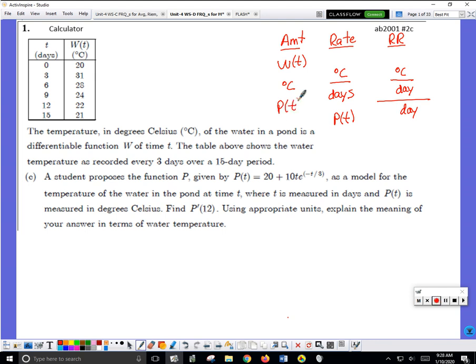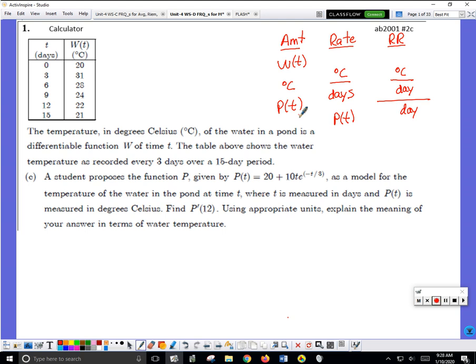Because it specifically says a student proposes that the function P, given by this formula, be a model for the temperature of the water. So P and W are not exactly the same, but they are extremely related. W represents the idea, this happens all the time on the AP test. This paper is the appropriate color. There is a pond of water, blue.